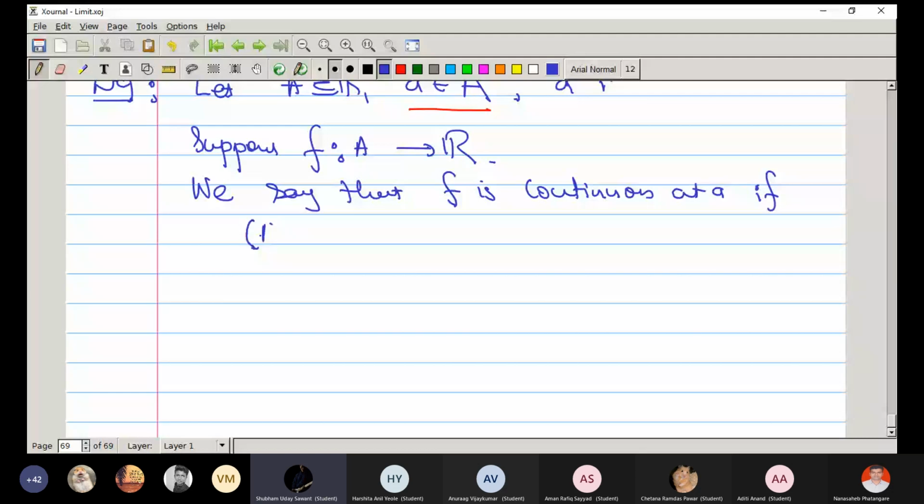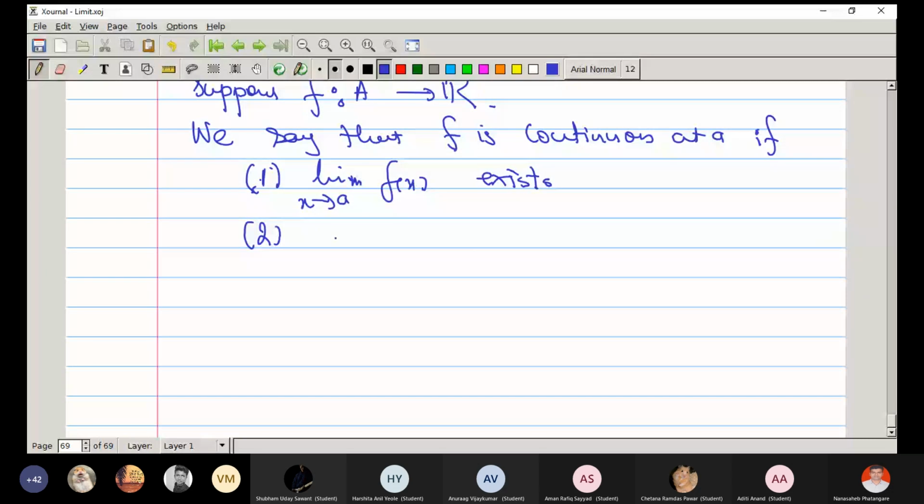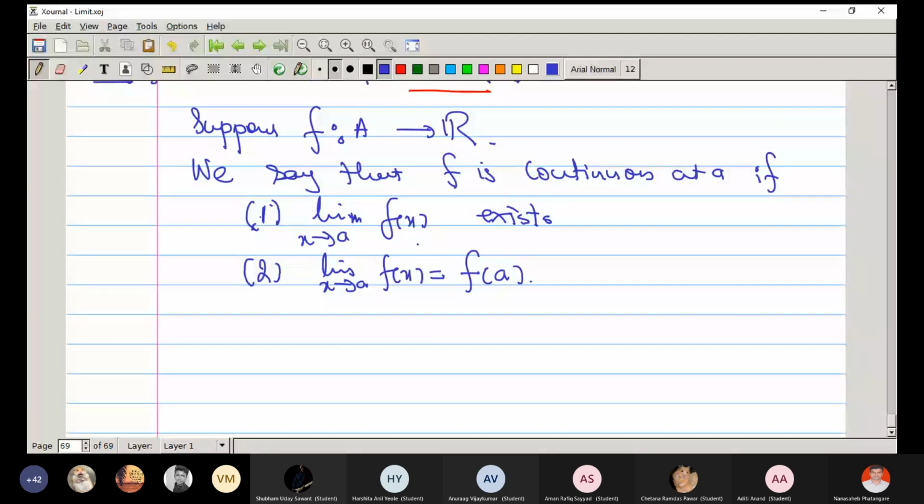Okay, if the limit x tends to a f of x exists, first of all this limit should exist. Second, that limit at a should be equal to the value of function at a.